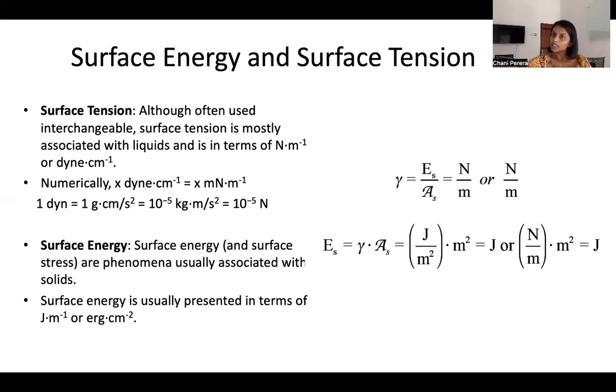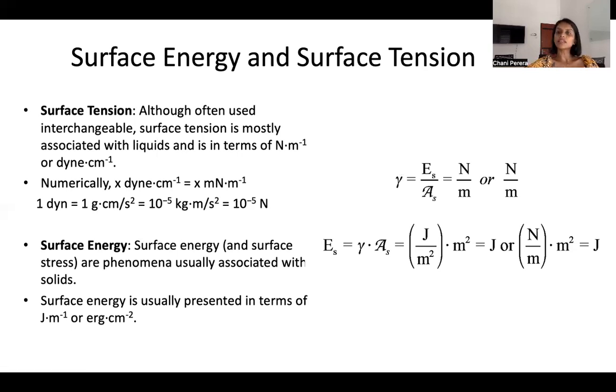As for surface energy, we talk about it especially when we're talking about a solid. And surface energy is presented in terms of joule per meter squared or erg per centimeter squared. On the right-hand side, I have given the associated equations that we usually use. So gamma here is an intrinsic property of that material.